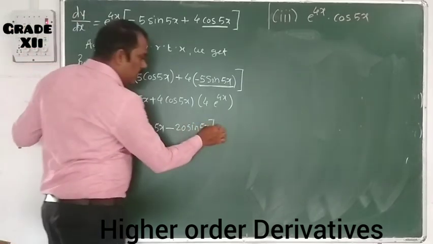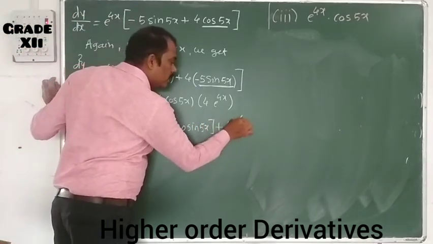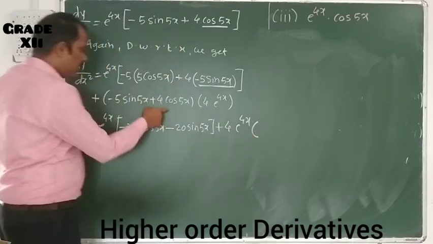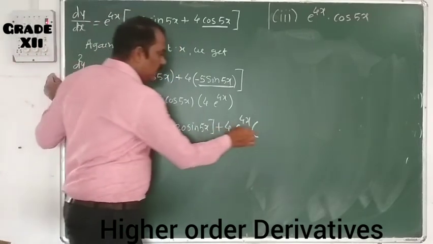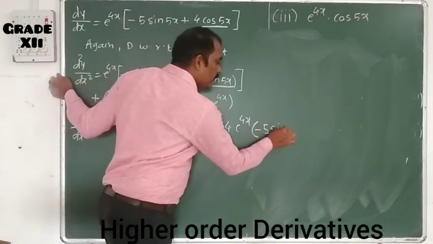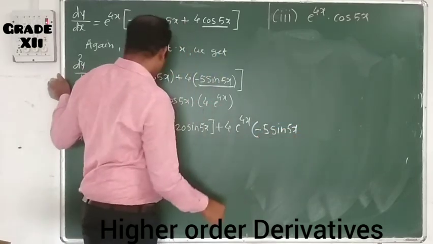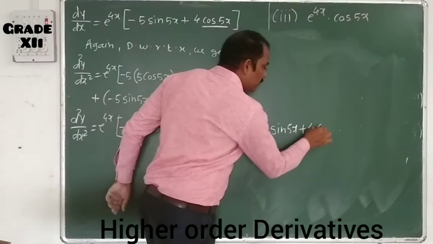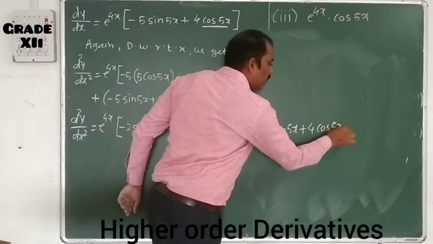Here what is the remaining, that is plus 4 into e raised to 4x into bracket, this one as it is, that is minus 5 sin of 5x plus 4 times cos of 5x.